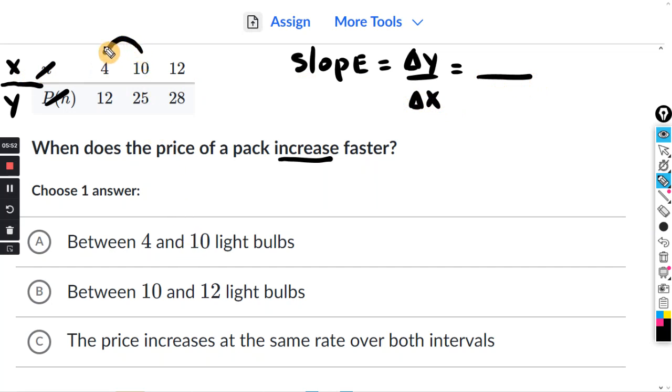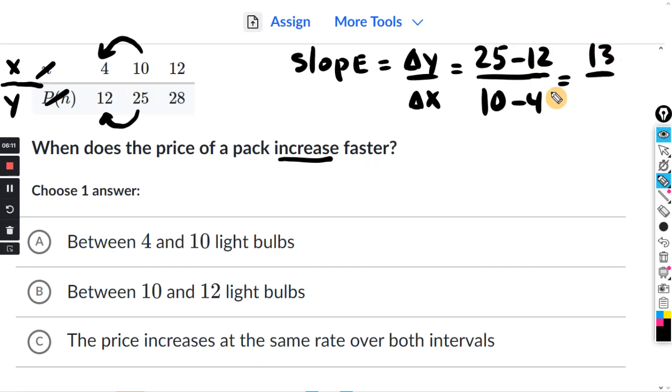If we do 10 minus 4 on the x, change in x, and then we're going to do 25 minus 12. That's your change in y. 25 minus 12 is 13. 10 minus 4 is 6. So this will be 13 over 6.